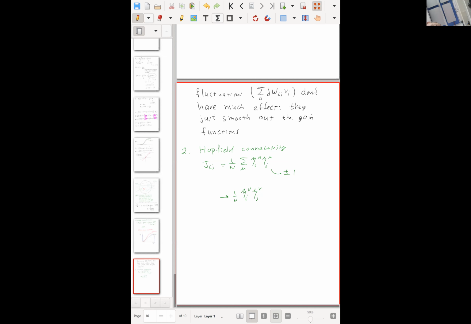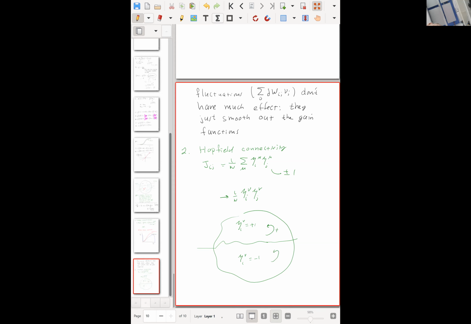And really our picture here, if this is plus or minus one, if you have a network of neurons, this is where eta I knew equals plus one and eta I knew equals minus one. So the connectivity here is plus, here it's plus, and across it's minus, across it's minus.